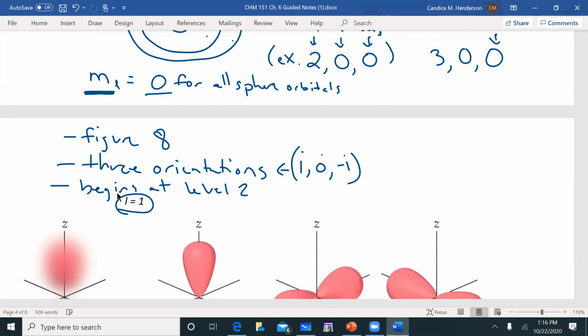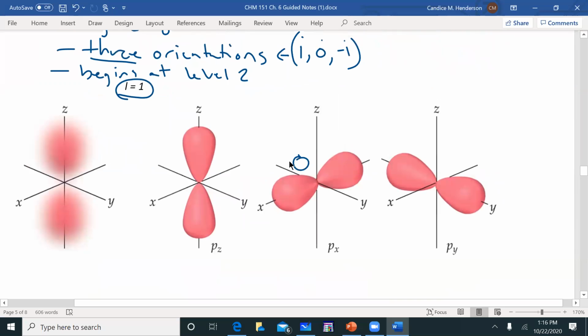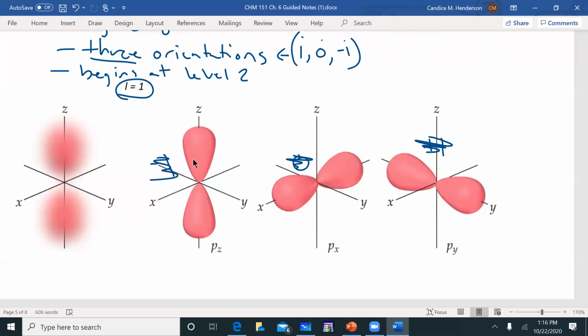1, 2, 3 orientations. Again, they're not denoted like this one isn't the 0 one, this isn't the negative 1 one, and this isn't the positive 1 one. It's just saying that there are 3 possible options, and I'm giving each of them their own orientation.